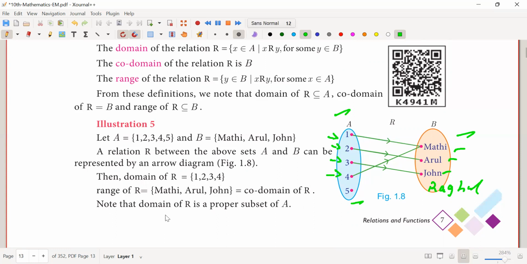Note that the domain of R is a subset of A. It should be a subset. We can't add 6 as a domain, as there is no 6 here. We should not go elsewhere.